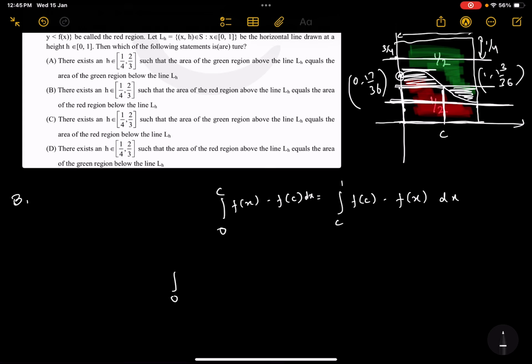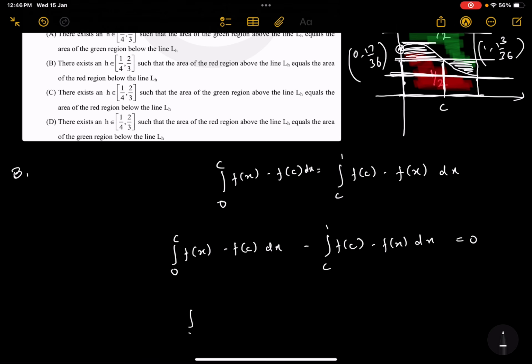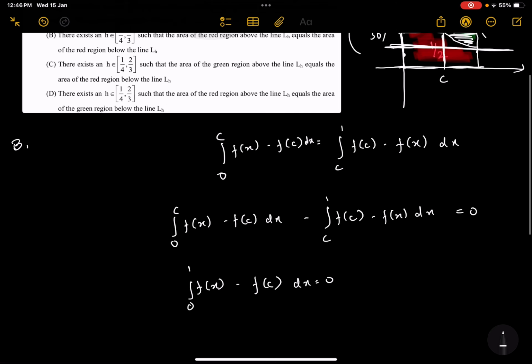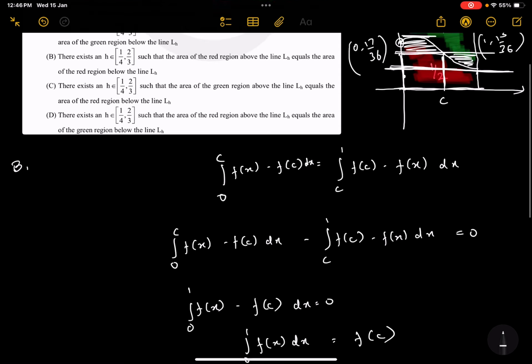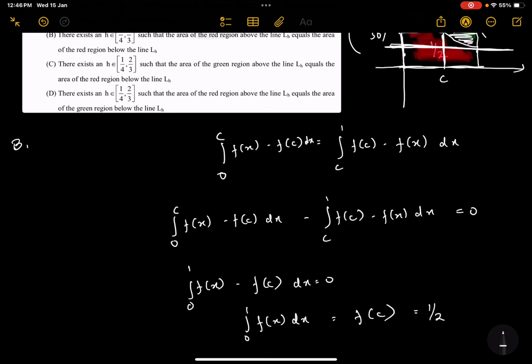We'll get integration 0 to c of f(x) minus f(c) dx minus integration c to 1 of f(c)... So that gives us integration 0 to 1 of f(x) minus f(c) dx equals 0, which gives us, which is, as we know, half.